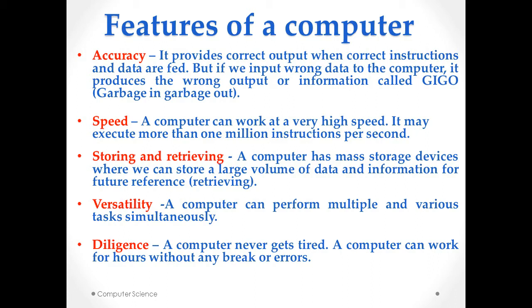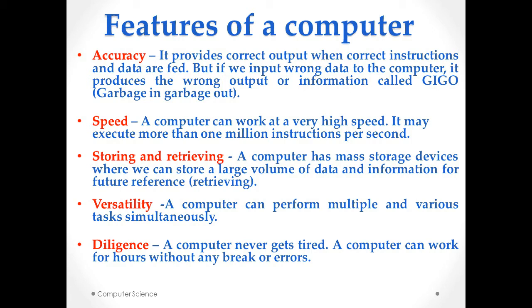But if we input wrong data to the computer, it produces the wrong output or information called GIGO. Garbage in or garbage out. That means if you enter wrong information to the computer, it produces the wrong output, right? So this is we called as garbage in and garbage out.